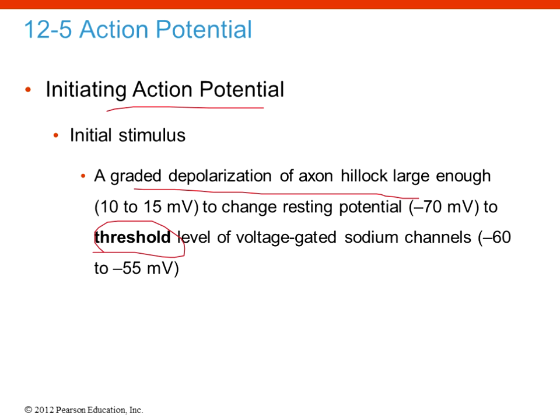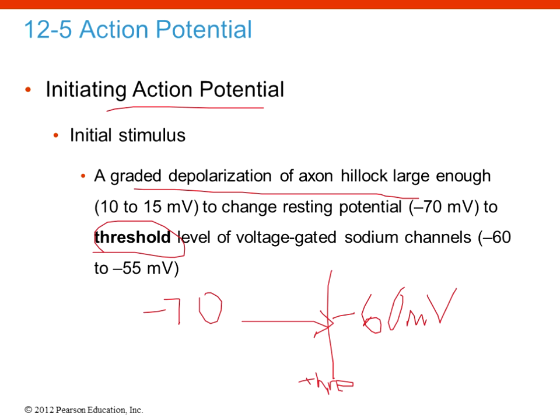And for our purposes, we're going to say threshold is -60 millivolts. Okay? So that means in order to generate an action potential, you need to go from -70 all the way to -60. Right? That is what we call threshold. I'm just going to write, if I can, threshold.